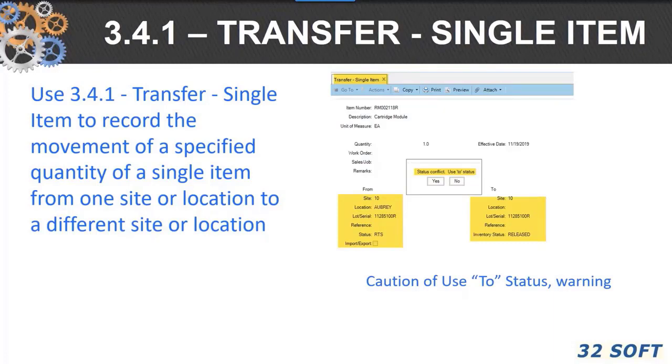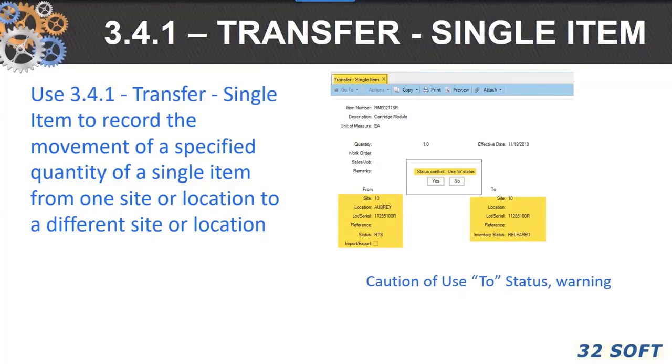I make mention to use caution with the to status warning. If you just hit yes on that, sometimes you can get really screwed up. You really have to take into account where you're moving from and to, because the from location may not have the same status code as the to location, especially if it's going to be rejected or MRB or something of that nature.